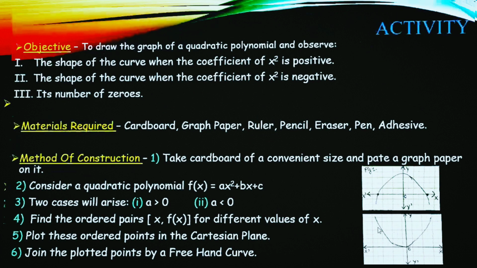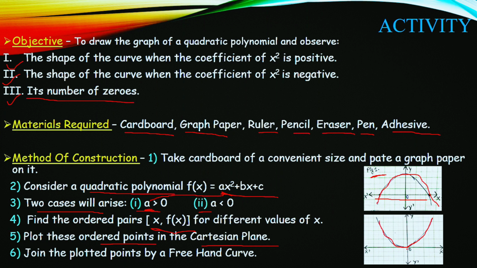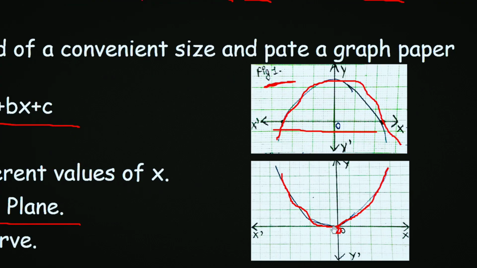And the next thing we observe is that the parabola in figure 2 intersects the x-axis at 1 point. We can see that in figure 2, it intersects the x-axis at only 1 point. It is the only point at which the parabola intersects the x-axis.